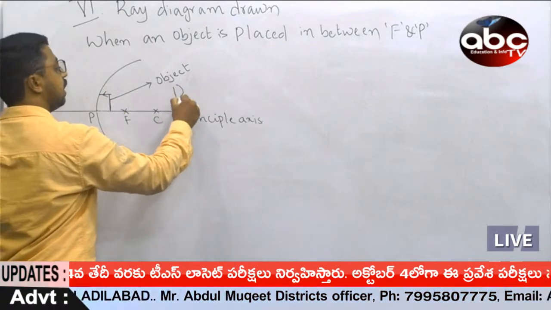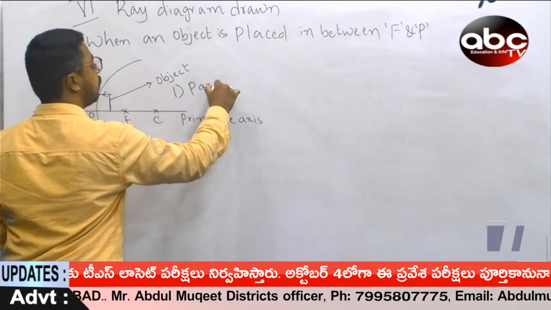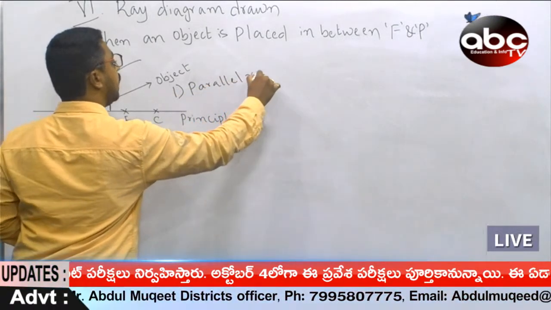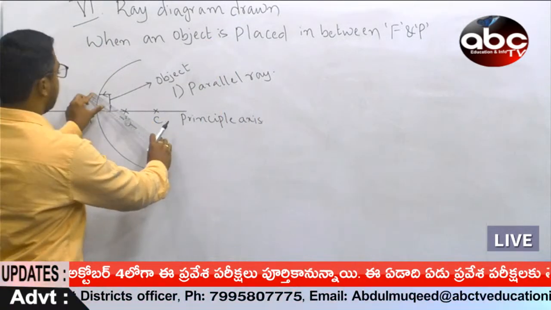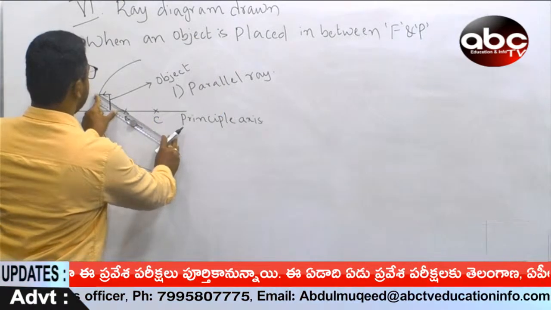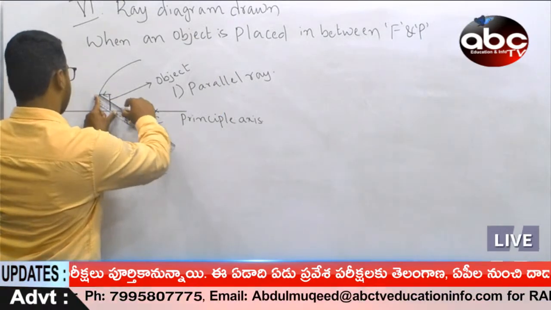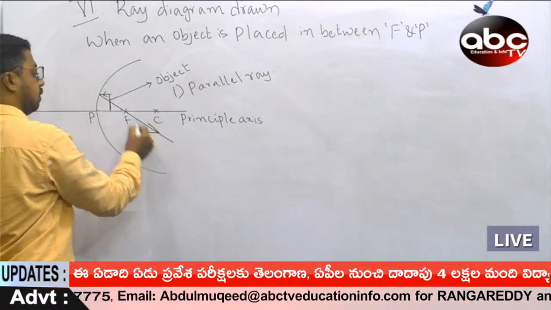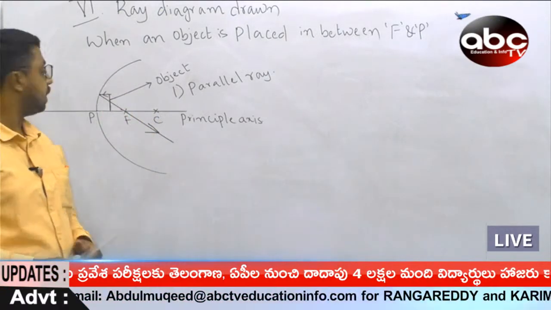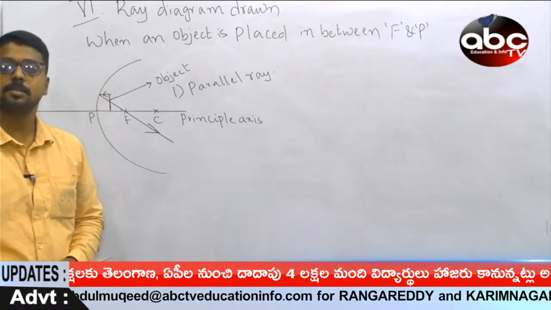The first ray is a ray I have taken parallel to the principal axis. Naturally, it got diverted. It got diverted from the focus.